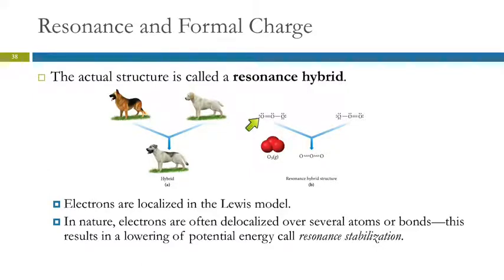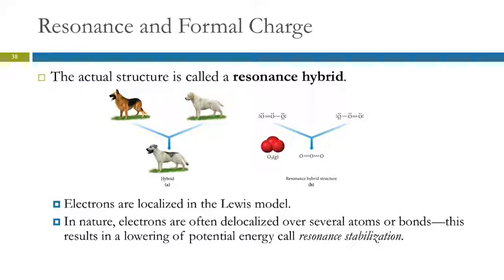So here we have those 2 resonance structures. The actual structure is more like this. There isn't a double and a single bond. Both of the bonds are exactly the same. And that can happen because the electrons are actually delocalized. They're shared over the whole molecule.